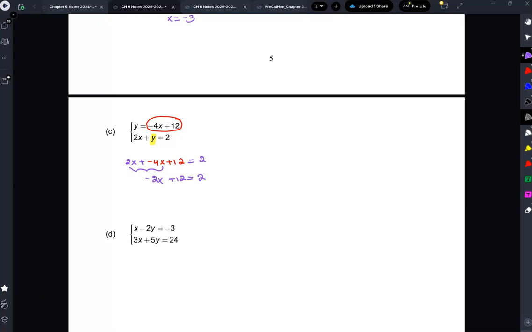Okay, so that's what I mean. Wait, I'm confused. Okay. I know what you're talking about. So let's move on. Stay after class, I'll tell you. Okay. So now minus 10, negative 2x, 12, sorry. Okay. So negative 2x is equal to what?